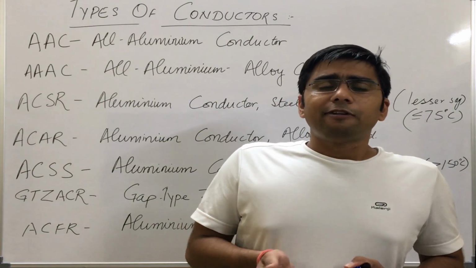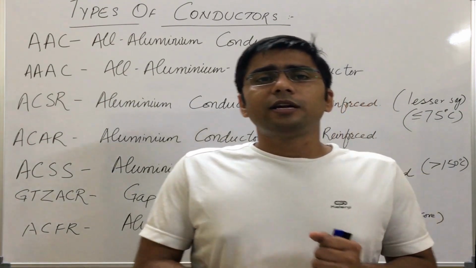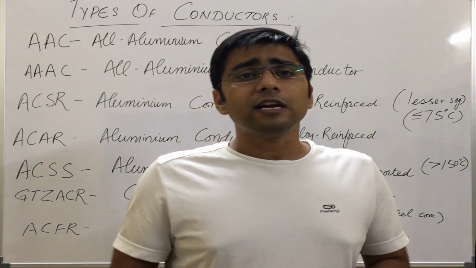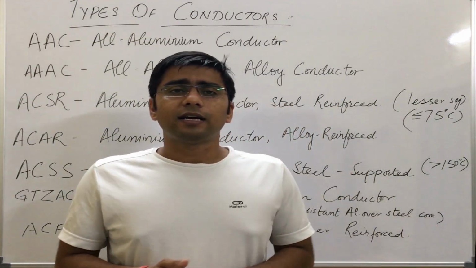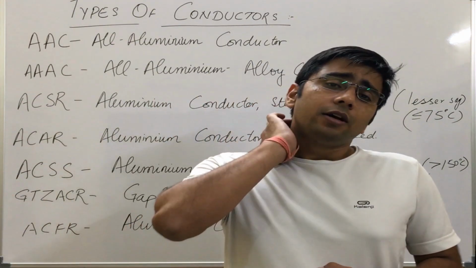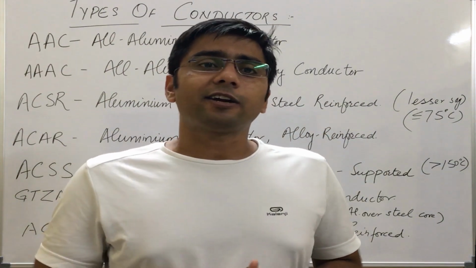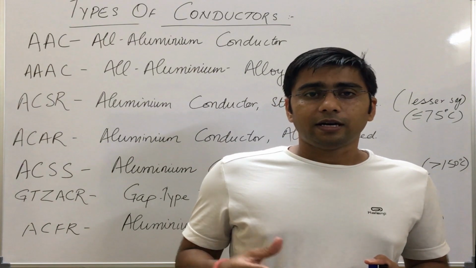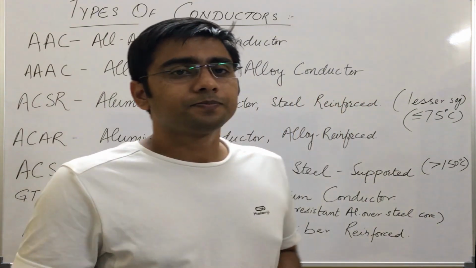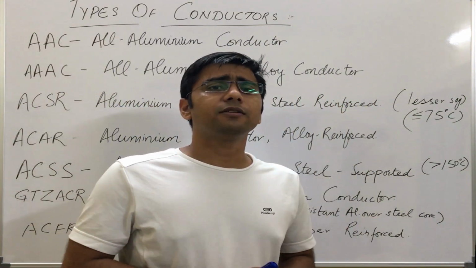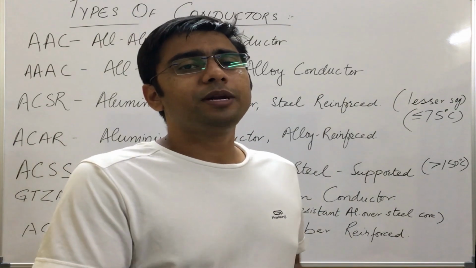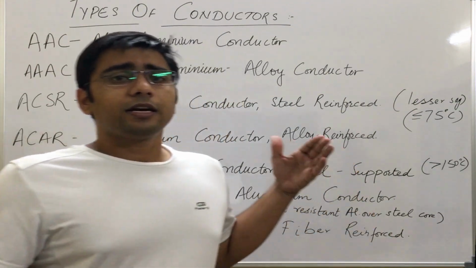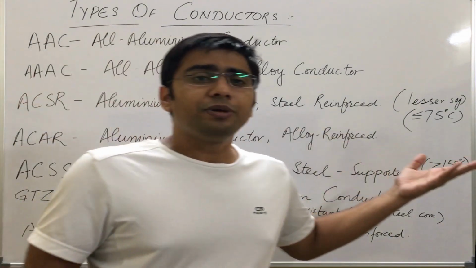So in a way, when we use aluminum conductor in place of copper conductor for very high voltage lines, rather extra high voltage lines, the corona effect gets reduced, and it is an additional benefit in using aluminum conductors.